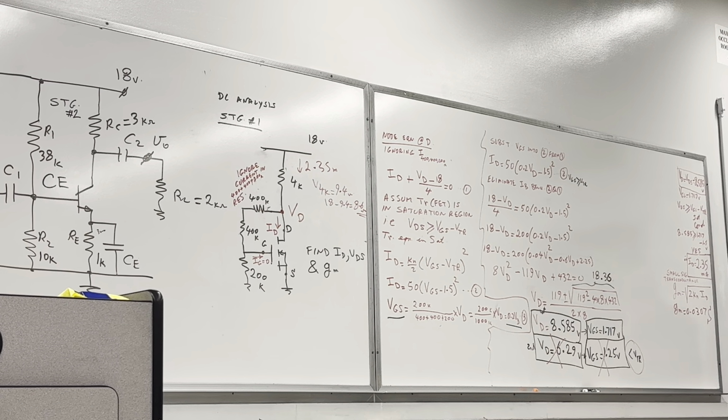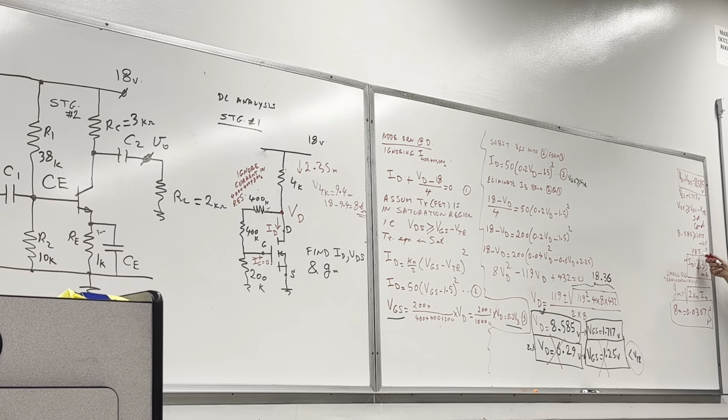Yeah. 0.03, that's correct. So this is the GM that we have from that transistor. You keep it there, you check that yes, it is in saturation with the current.